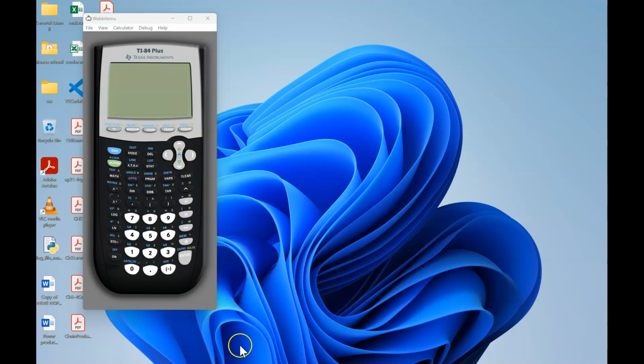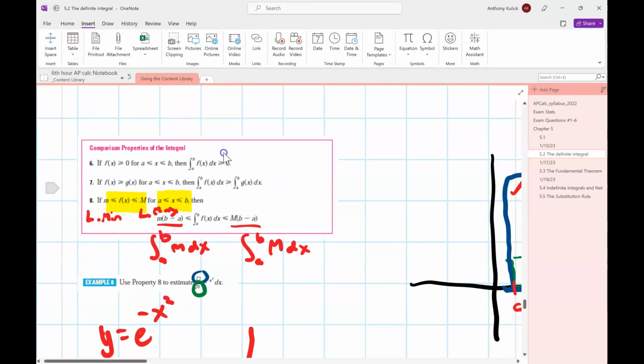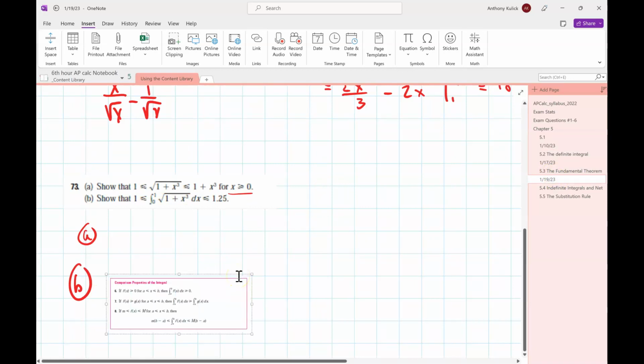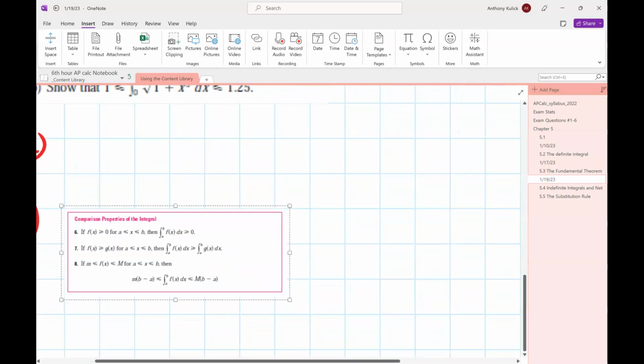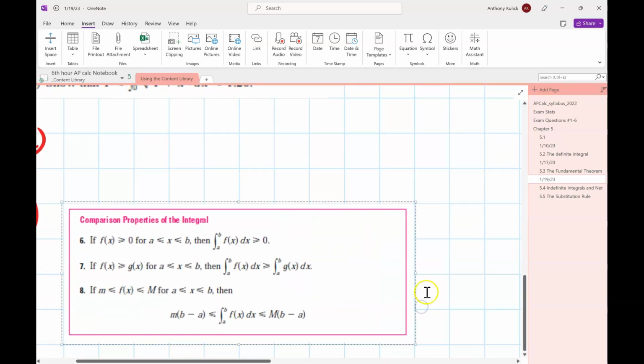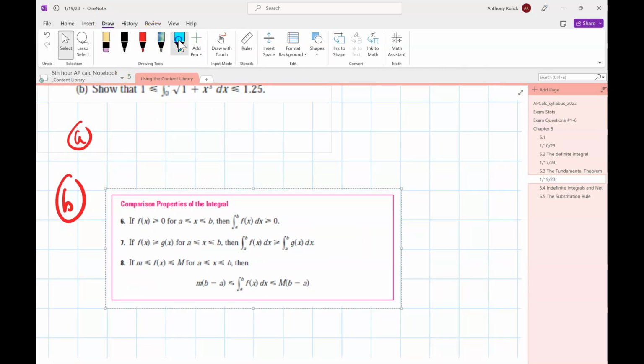Let me just grab that. All right. So if I look at these three, which one looks like the one that I need?